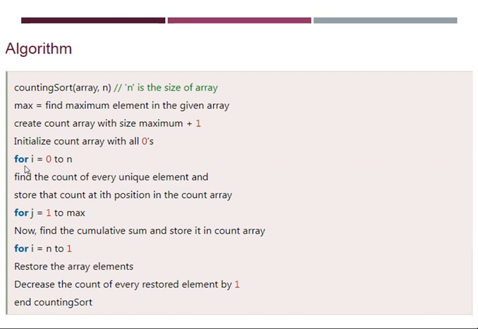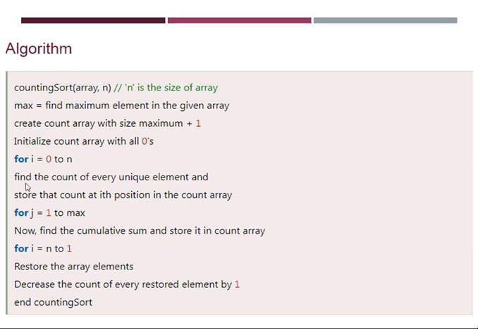Now we take a looping variable i, which goes from 0 to n, and in this loop we find the count of every unique element and store that count at the ith position in the count array.